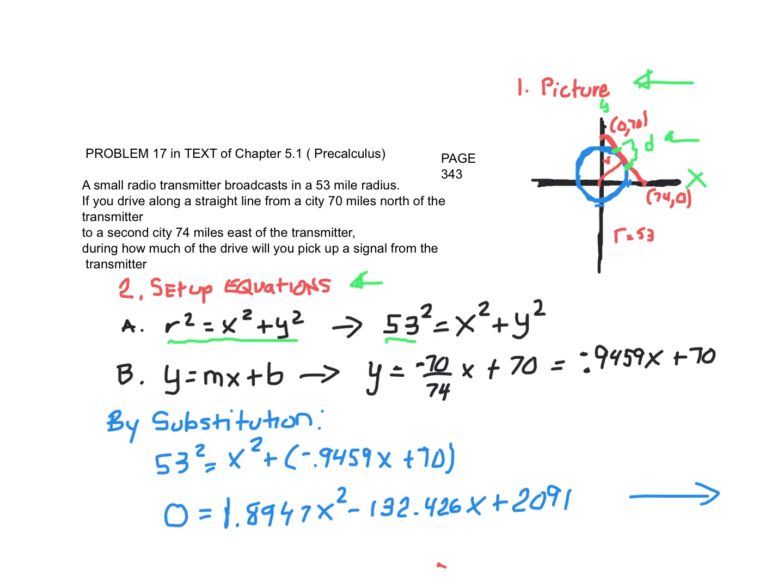To set up the line equation, we remember it's y is equal to mx plus b, where m is the slope of the line and b is the y-intercept.